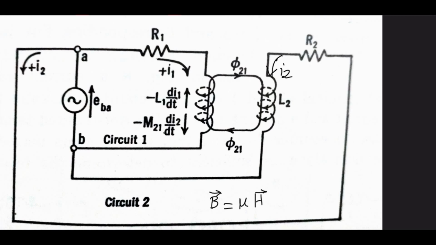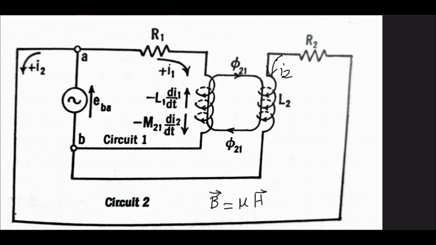Because there will be no minus M21 di2 dt that opposes your minus L1 di1 dt. This minus L1 di1 dt is actually the flux that is trying to oppose the inflow of current towards that winding.